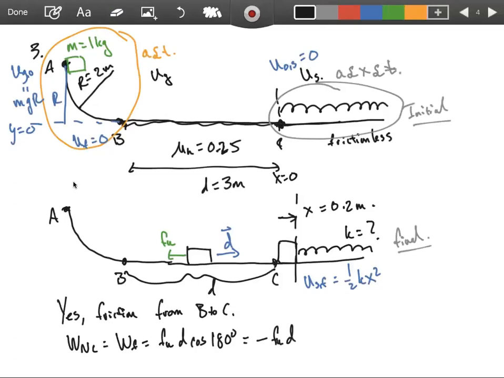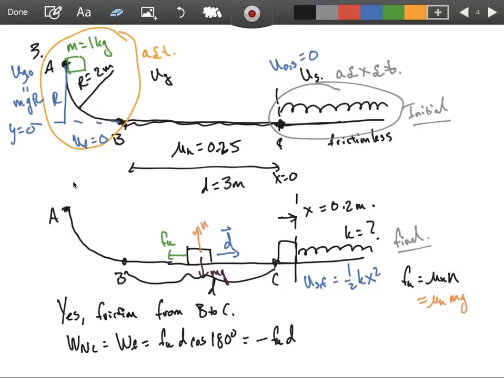And we know our friction force is equal to mu sub k times the normal force. In this case, since I have my gravitational force downward, I have my normal force upward, and there are no other forces in the y direction, so it's also not accelerating. That tells me my normal force is simply equal to mg.